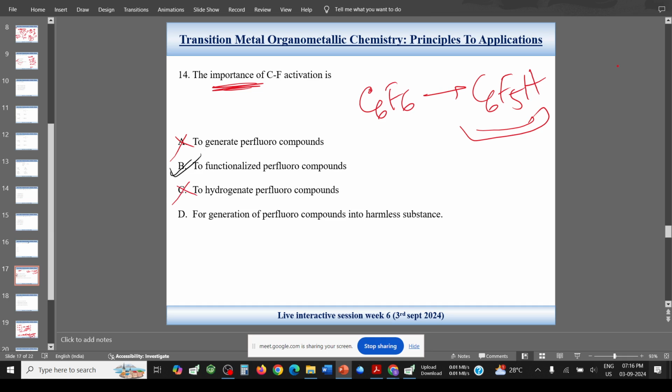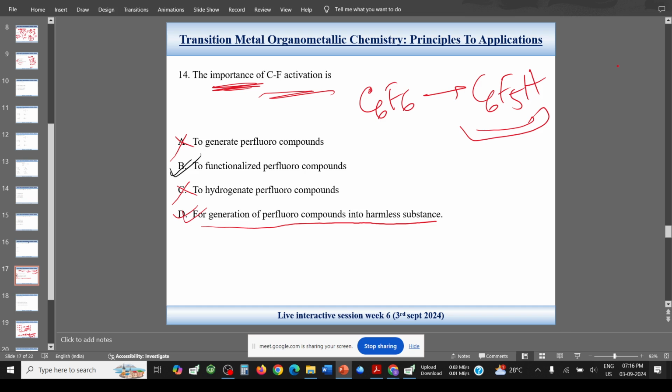The last option is to convert the perfluoro compound into a harmless substance. Yes, sometimes the perfluoro compound has some harmful groups, and we need to convert this harmful compound to some harmless compound. That time CF activation is important. So importance and application, these two words have different meanings.